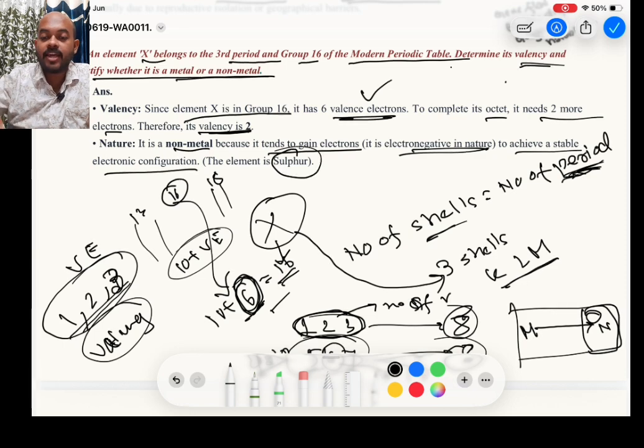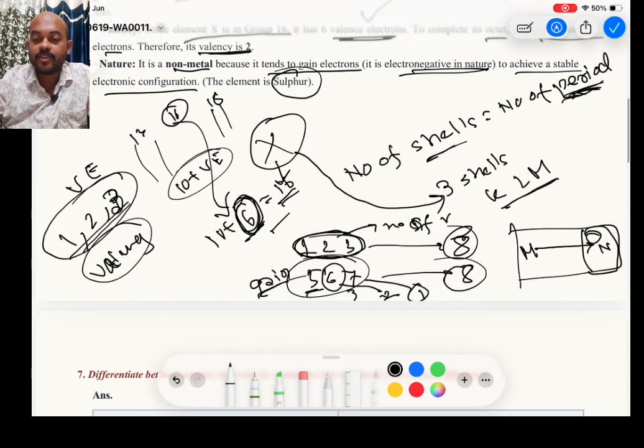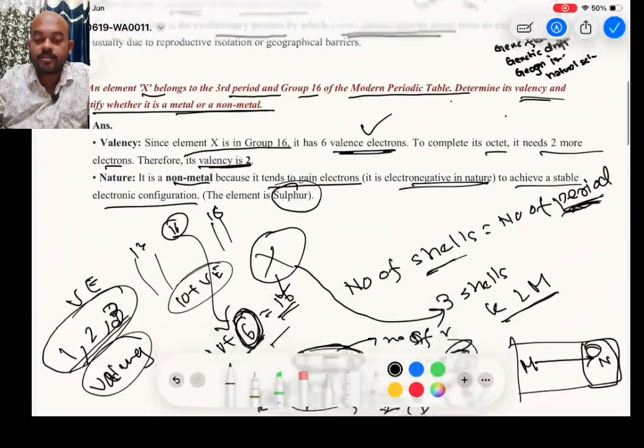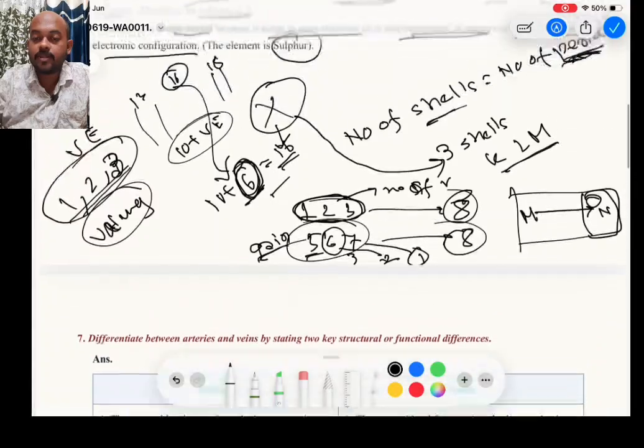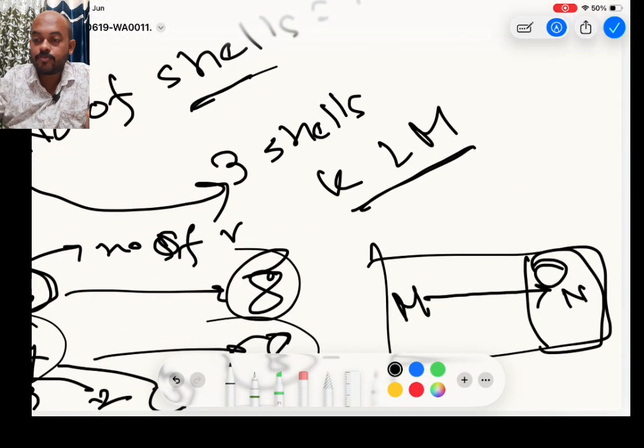So what is the element? The element is sulfur. How do you come to know that it is sulfur? Period number 3 element, group 16.